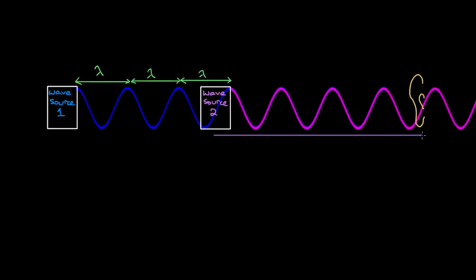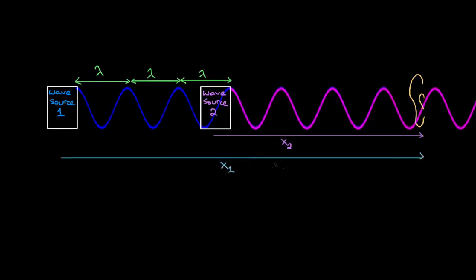So something that turns out to be useful is a formula that tells us how much path length difference there should be. If I'm going to call this x2 the distance that the wave from wave source 2 has to travel to get to whatever's detecting that wave, and the distance x1 that wave source 1 has to travel to get to that detector, we could write down a formula that relates the difference in path length, I'll call that delta x, which is going to be the distance that wave 1 has to travel minus the distance that wave 2 has to travel.